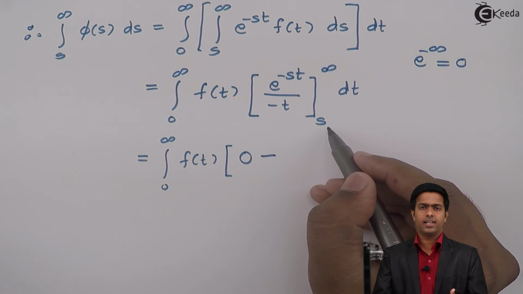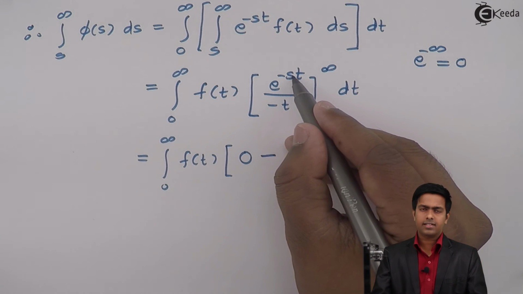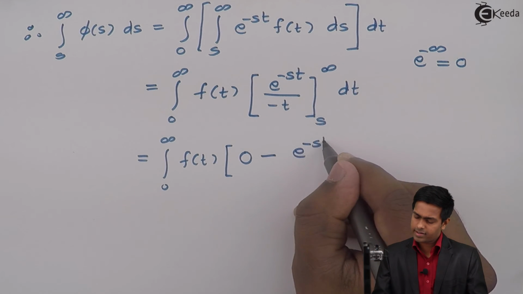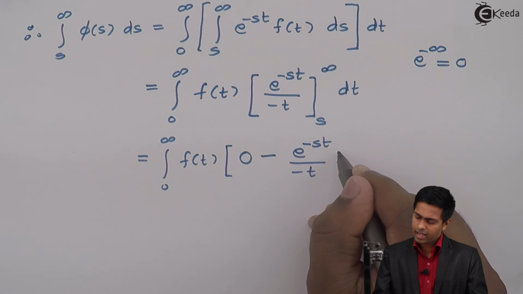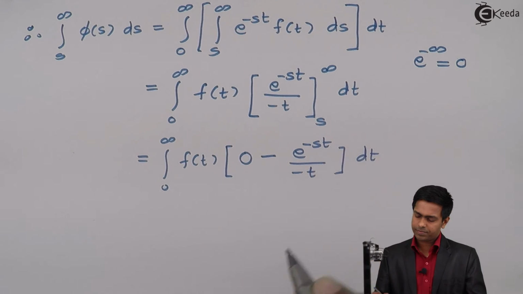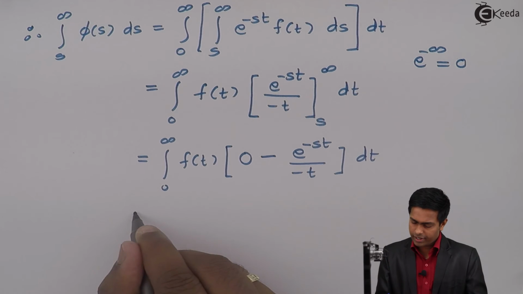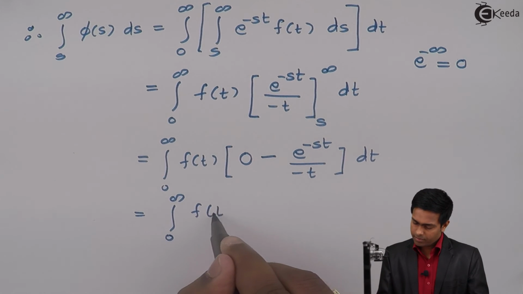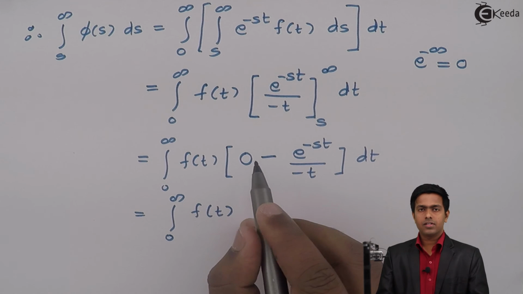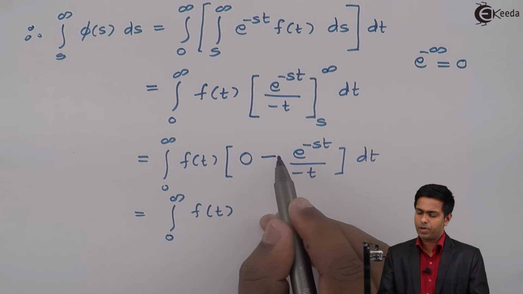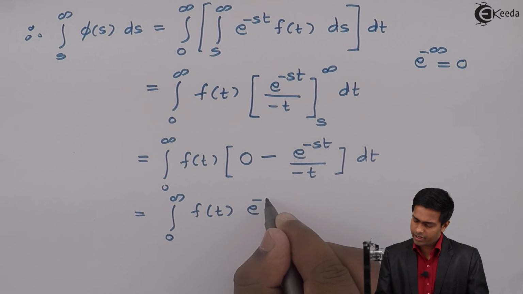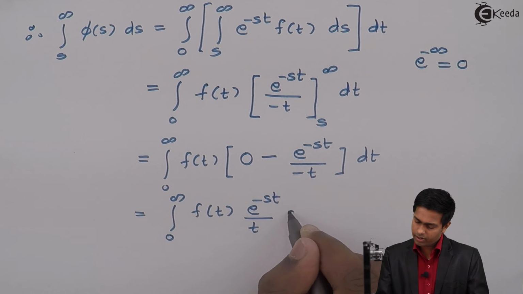The lower limit is s itself, so when I substitute s, we'll get the same term, that is e raised to minus st upon minus t, into dt. So we'll get integration 0 to infinity f of t times 0, then minus and minus gives plus, so 0 plus e raised to minus st upon t dt.